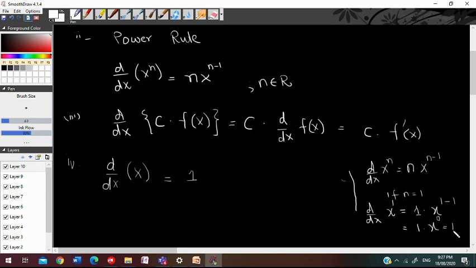Finally we get 1. So this is the same case as the power rule. This rule and the power rule are the same; this is a sub-case of the power rule.